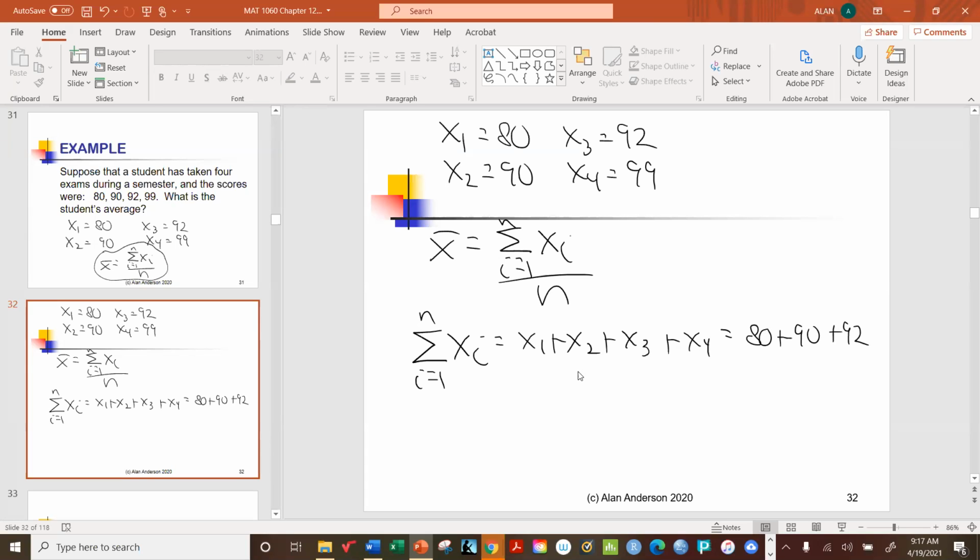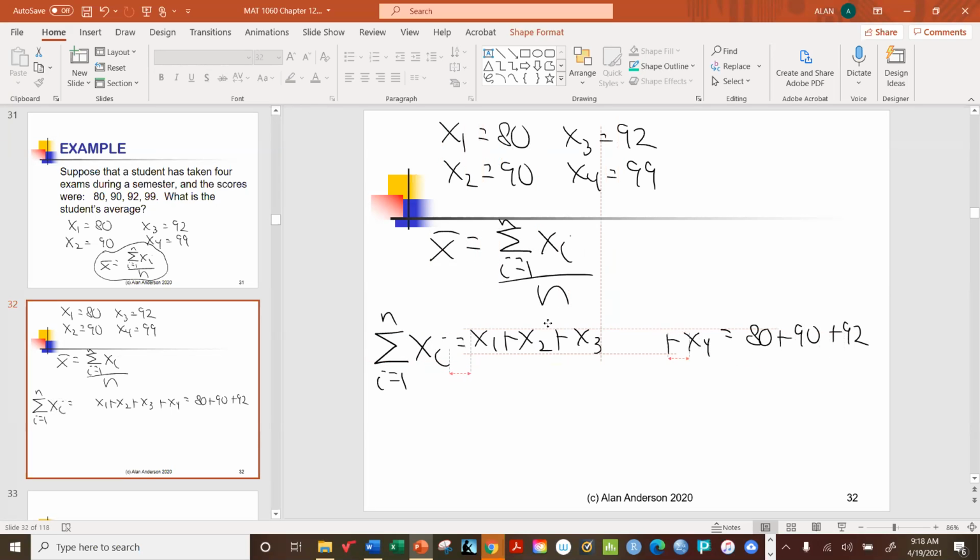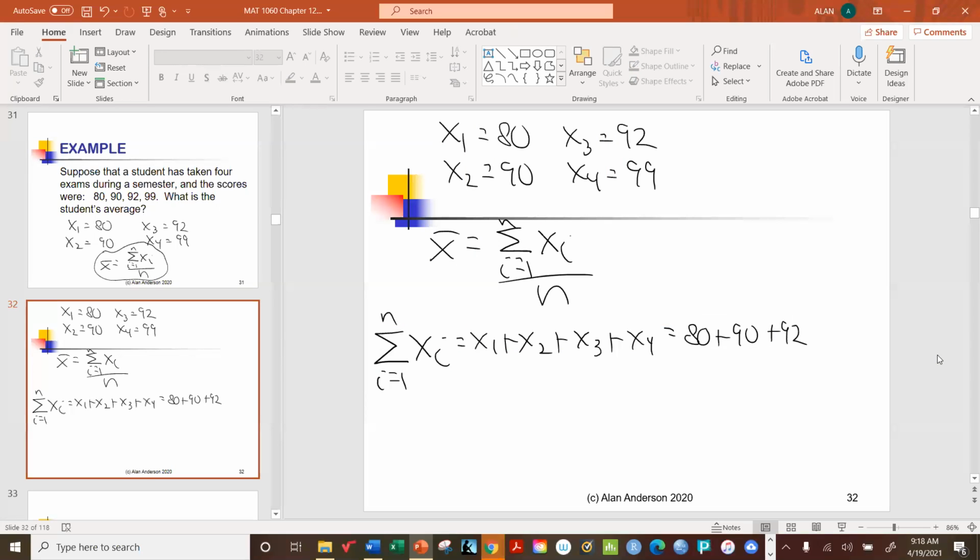Oh, I'm running out of space. Okay, much better. All right, plus 99. And when you add those up, they add up to 361.